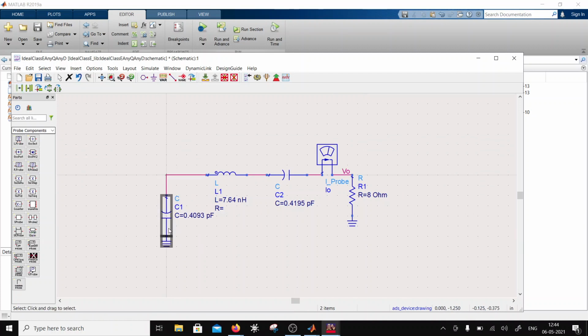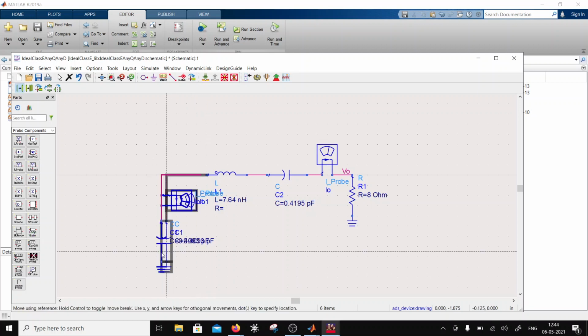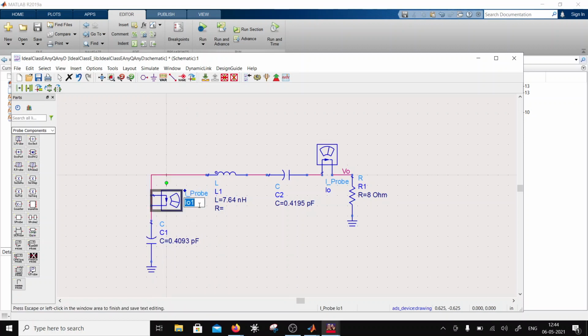Here I'm going to put another probe. I'll copy this one, rotate it, and put it over here, and call this ICSH. This is the current through the shunt capacitor.